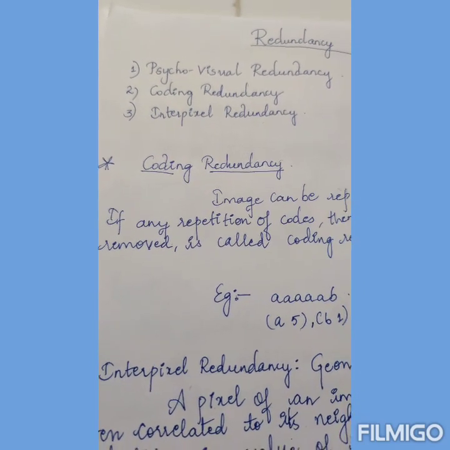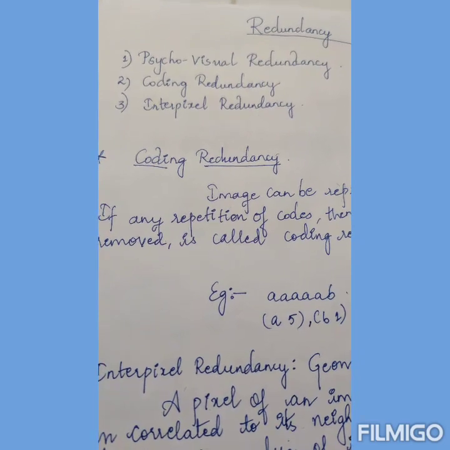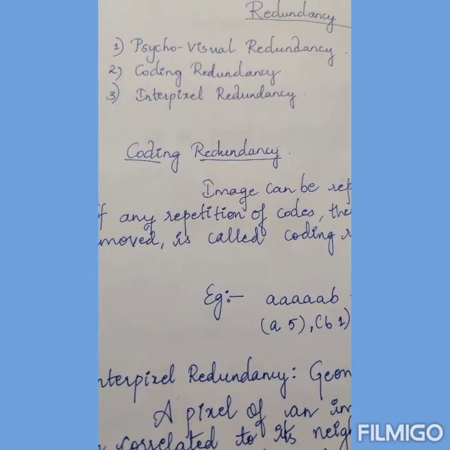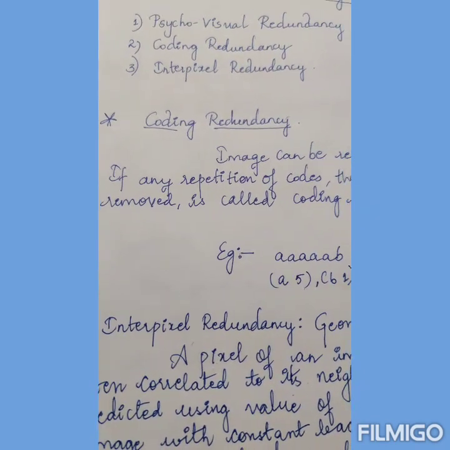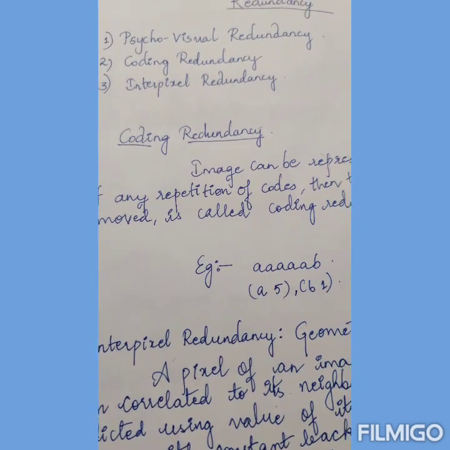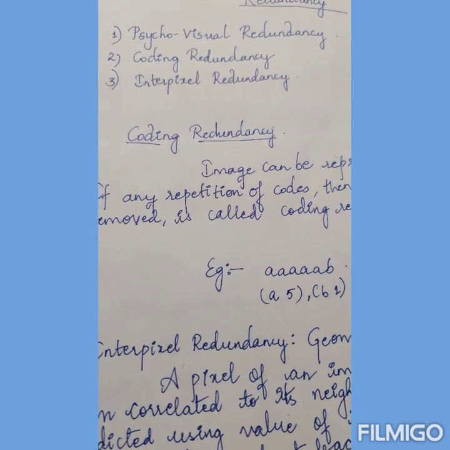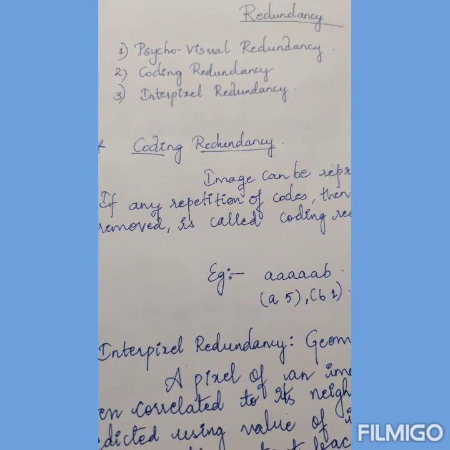So all these three methods we will discuss in detail. Mostly we will discuss coding redundancy and interpixel redundancy, which are very important. Psychovisual redundancy is nothing but whatever explanation I have given.